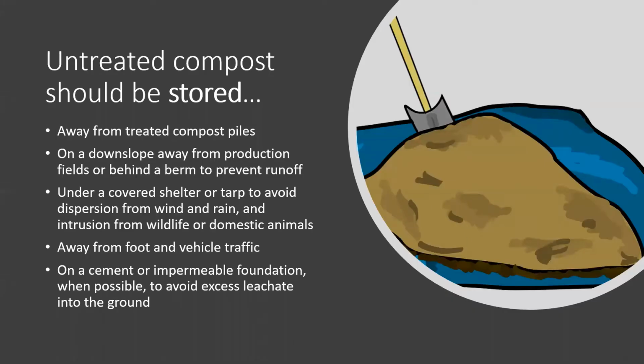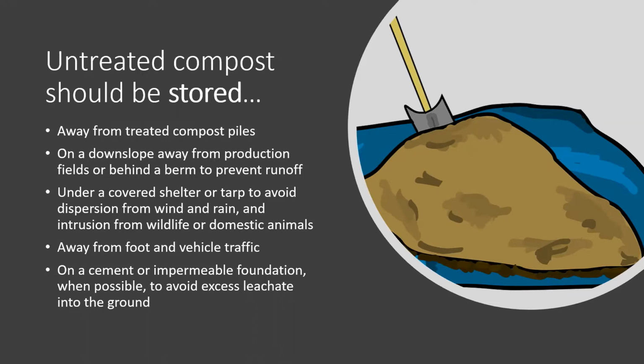So, some tips for reducing the potential for cross-contamination of untreated compost. This could be the recontamination of treated compost piles, tractors, people, etc., that then bring that into the production area.